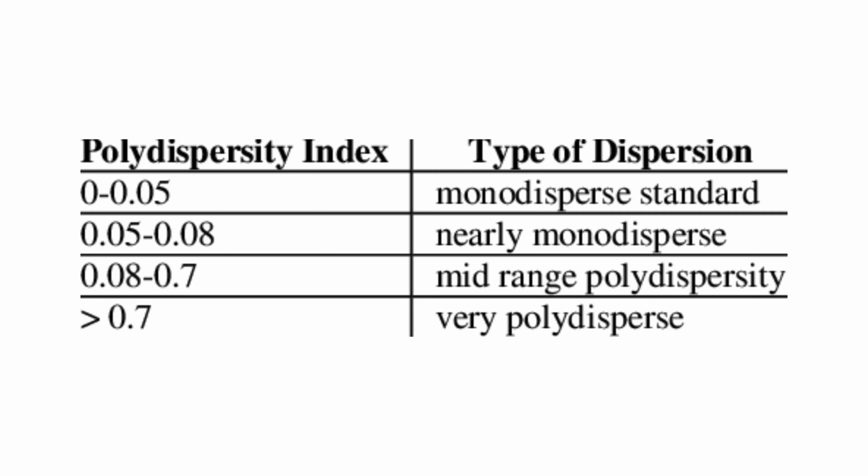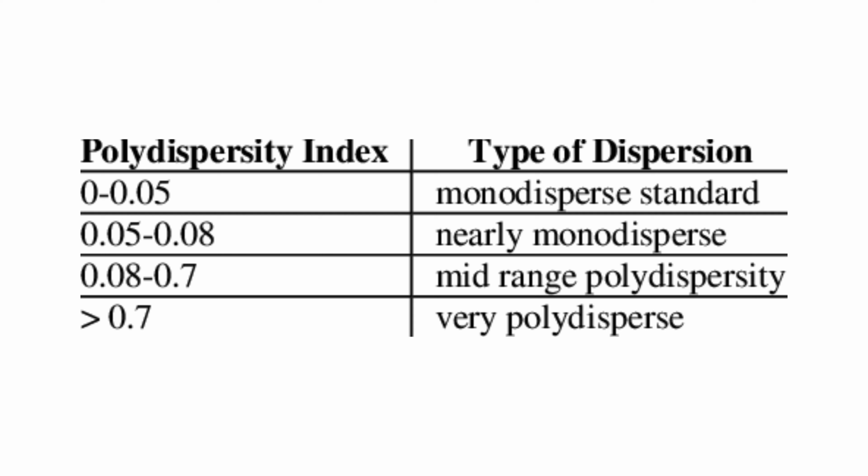This index is dimensionless and scaled such that values smaller than 0.05 are mainly seen with highly monodisperse standards. PDI values bigger than 0.7 indicate that the sample has a very broad particle size distribution and is probably not suitable to be analyzed by the dynamic light scattering, DLS, technique.